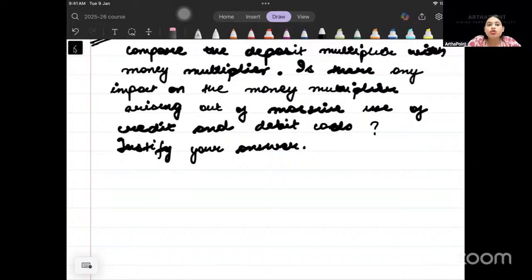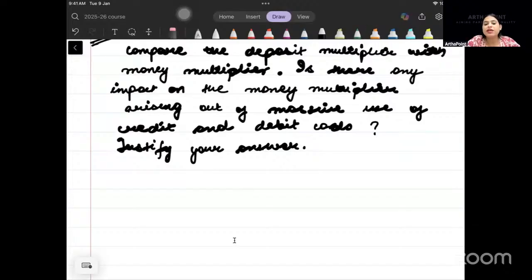ठीक है। So deposit multiplier is basically based on the theoretical phenomenon that if we deposited some money, how many times will it multiply itself? Money multiplier is based on including other factors also.